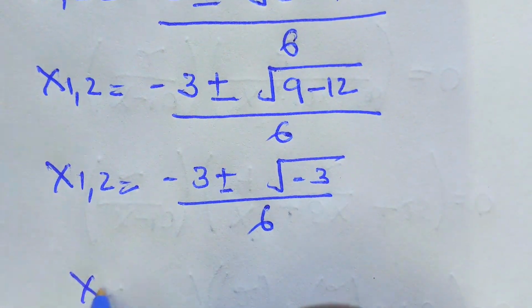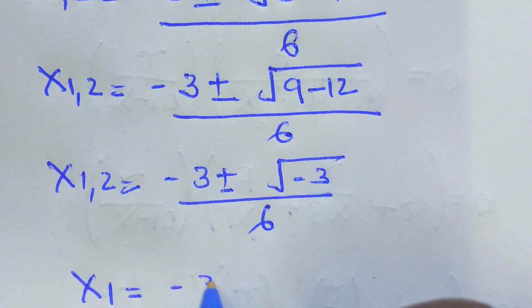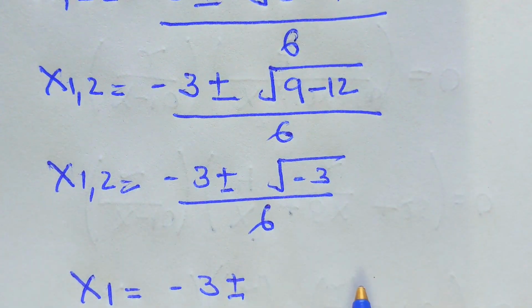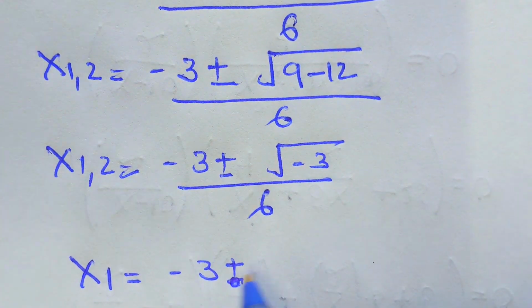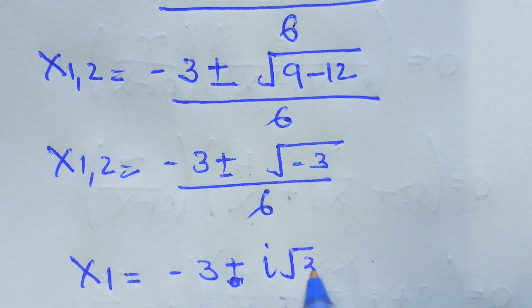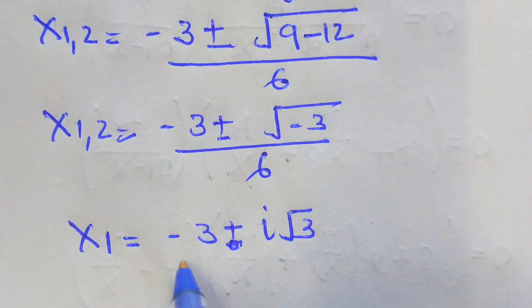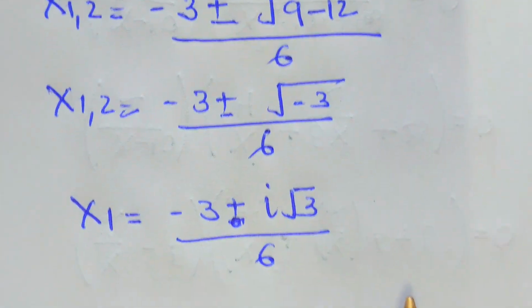So we shall say x1 and x2 will be negative 3 plus or minus i square root of 3, over 6.